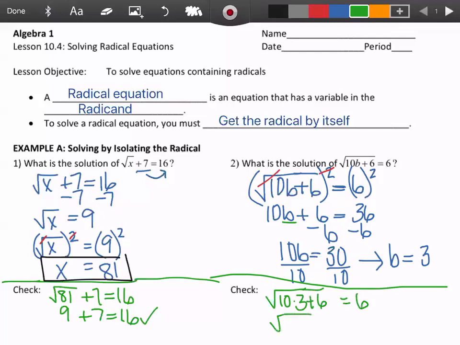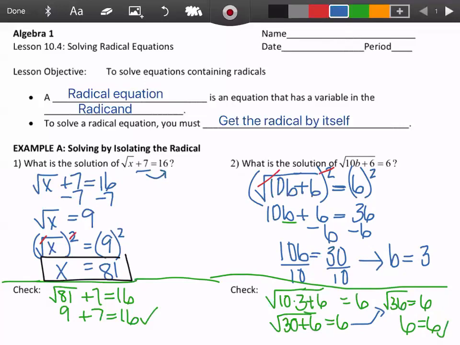So 10 times 3 gives us 30, and then we have plus 6 underneath the square root sign. Well, 30 plus 6 gives us 36, and the square root of 36 is 6. So we are good. We got the right answer.